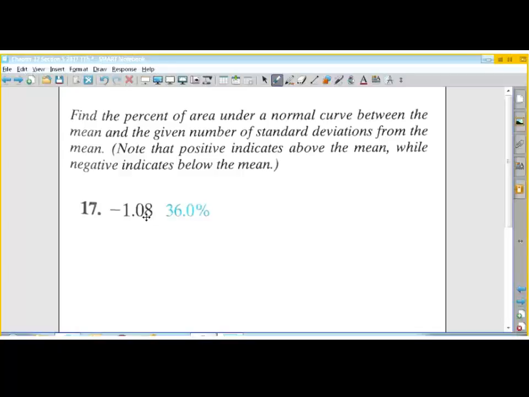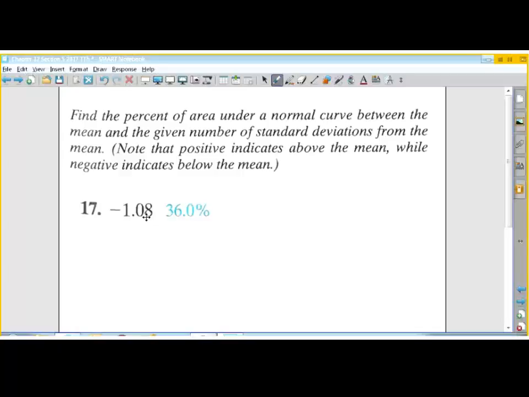A z-score of -2 would mean 2 standard deviations less than the mean. So that's how you interpret z-score relative to the number of standard deviations. To answer these problems, all you have to do is take the number of standard deviations, use the positive value, and look it up in your table.